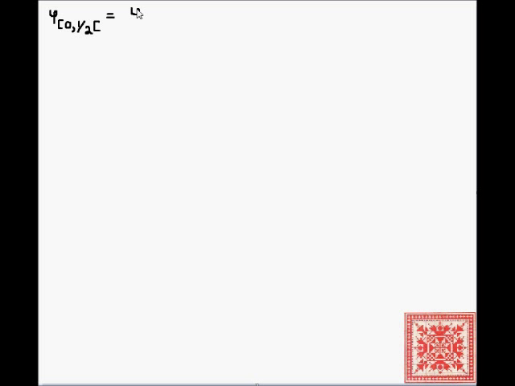So phi from 0 to 1/2, the step function, as we just derived, equals phi from 0 to 1 plus psi from 0 to 1 divided by 2.